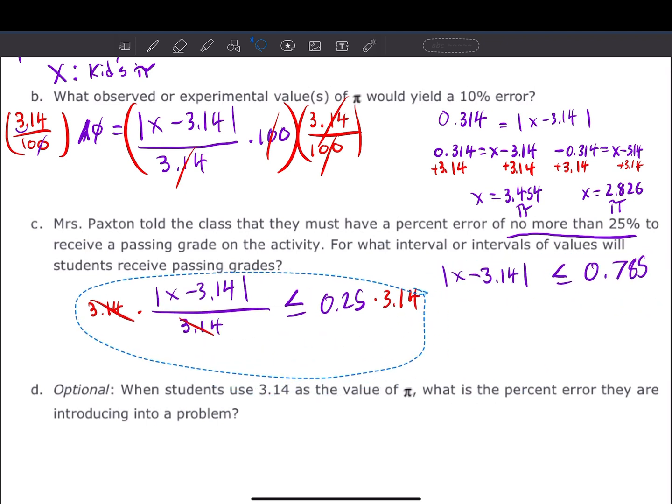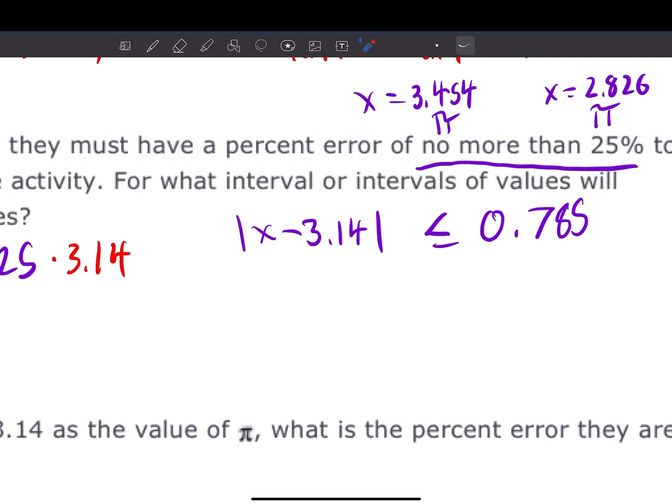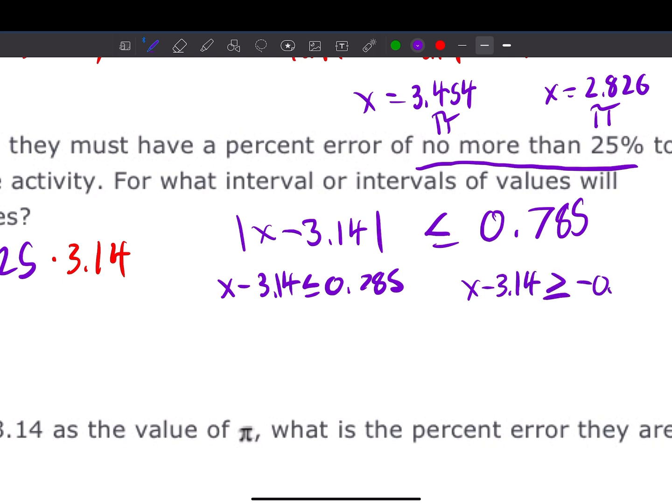Why is it possible? Because we have an absolute value is less than or equal to a positive number. And there are positive numbers that are less than or equal to this positive number. Totally. So we say, split it. X minus 3.14 is less than or equal to 0.785. This is the original. And then we say x minus 3.14 is greater than or equal to negative 0.785.